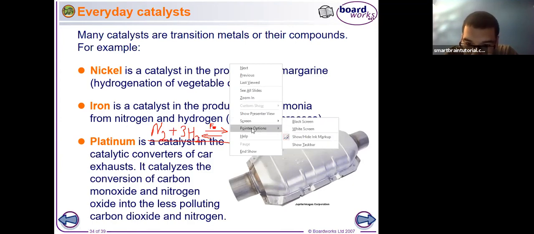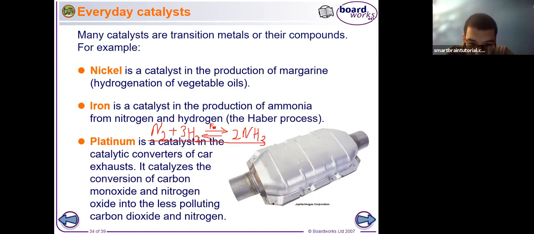I will write here the chemical reaction. Look, carbon monoxide is the formula. Nitrogen monoxide. If we use catalyst platinum in an exhaust, carbon dioxide and nitrogen gas will be produced.